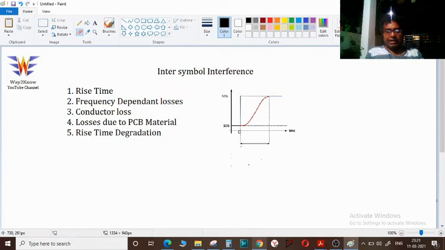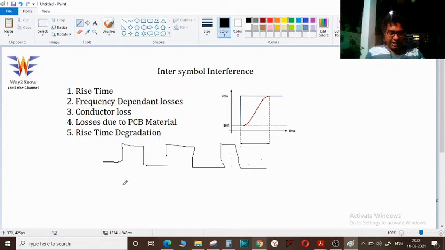So basically, if we take a digital signal example, it will be this way, right? In reality, it will be 0, 1, and there should not be any rise time. But because of the PCB material or whatever conductors are there, there will be a rise time associated with it.